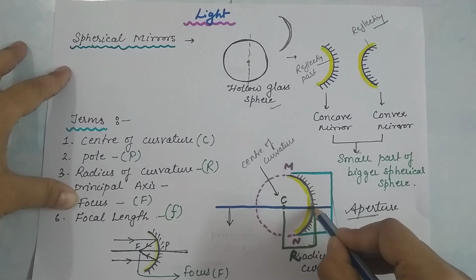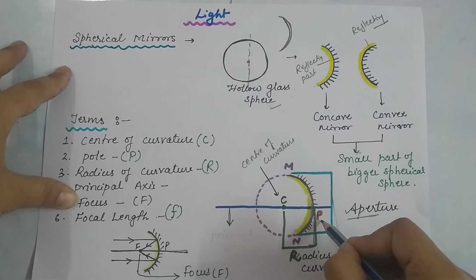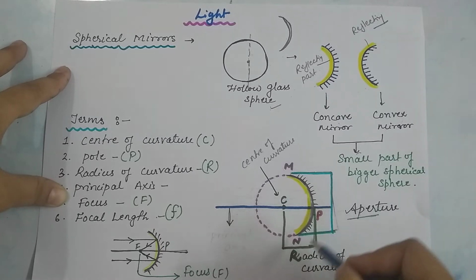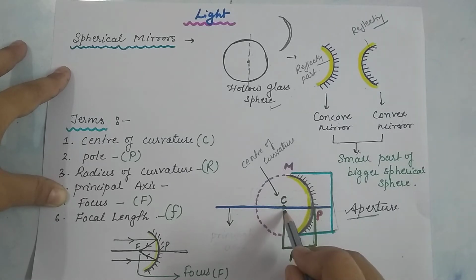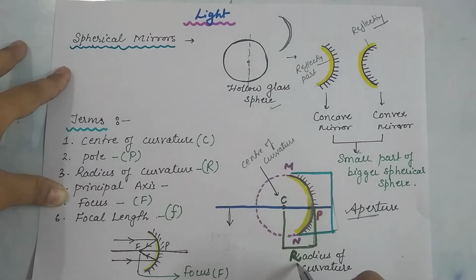This point is called pole, and the distance between the center of curvature and the pole is considered the radius of curvature.